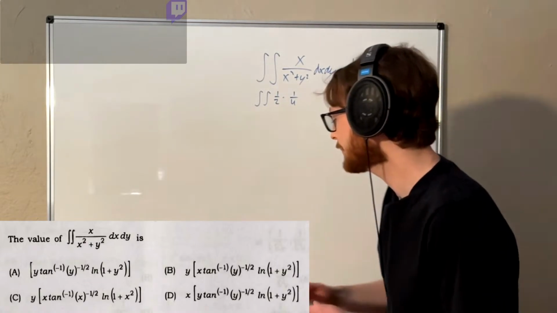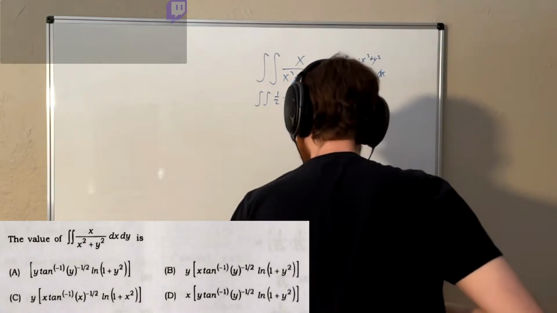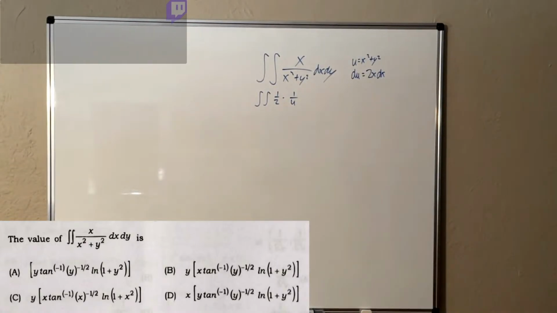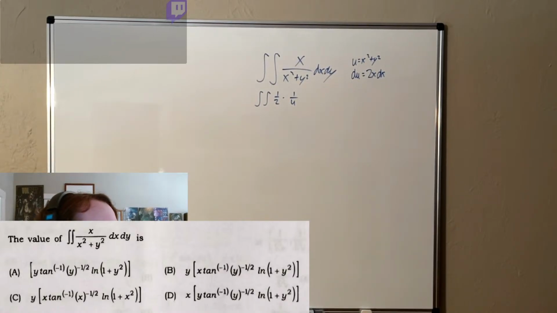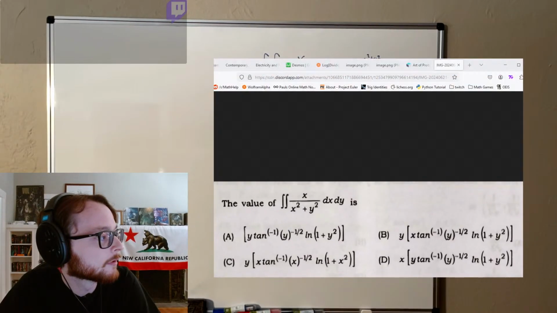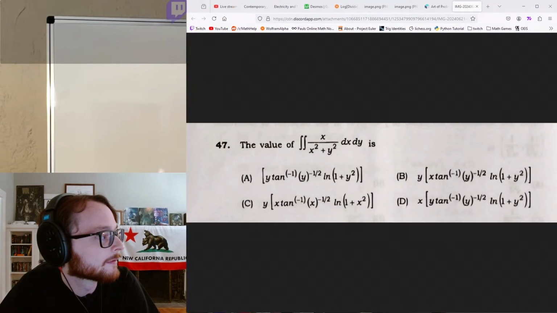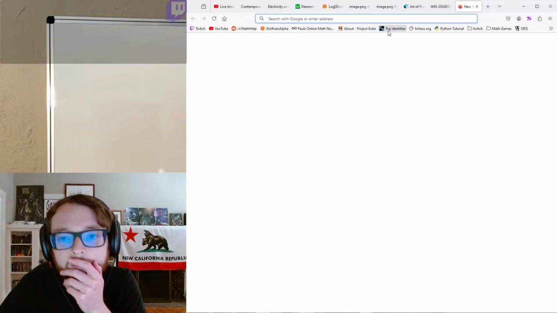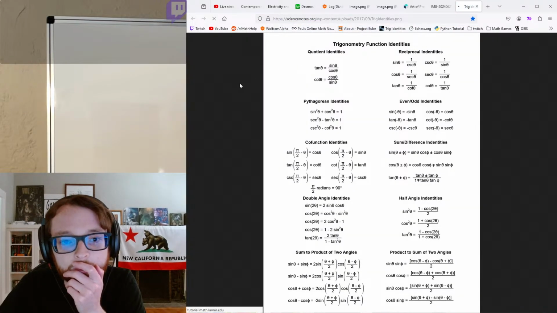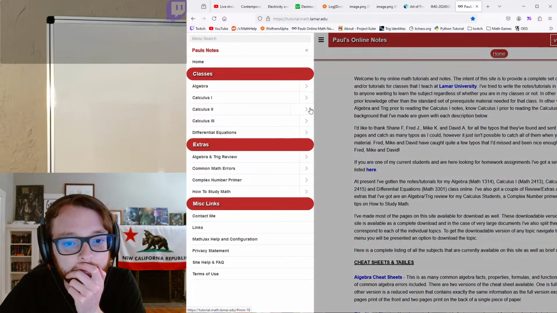Shoot, my double integrals are a little bit too rusty apparently. Let me look back at how that works. Because I do love doing double integrals. I just haven't done them in a couple of months at least.